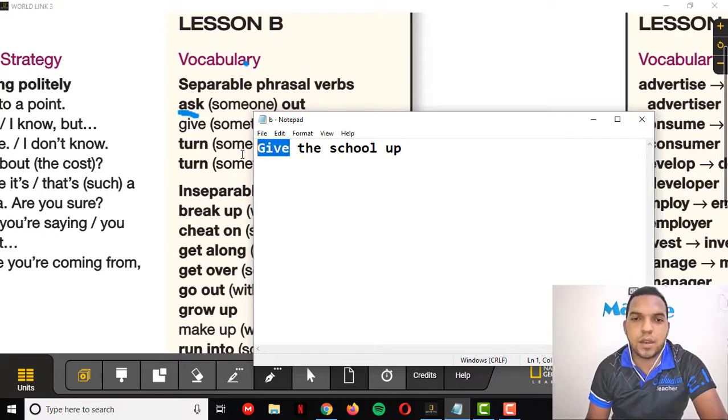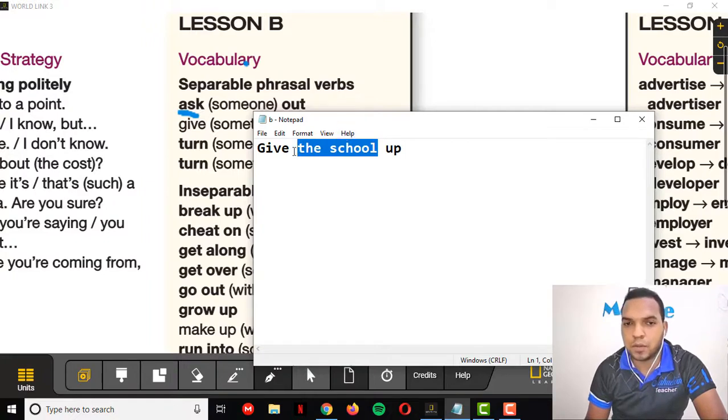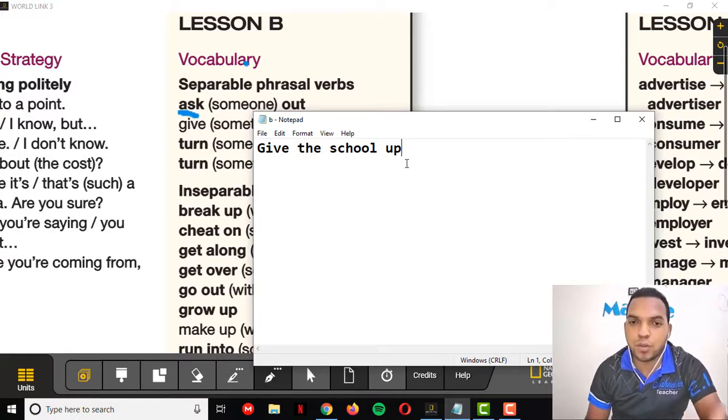As you see here, we have the verb and the preposition. They are separable because I am joining the noun in the middle. If I say give the school up, the meaning is that you quit, that you are not going anymore to the school.